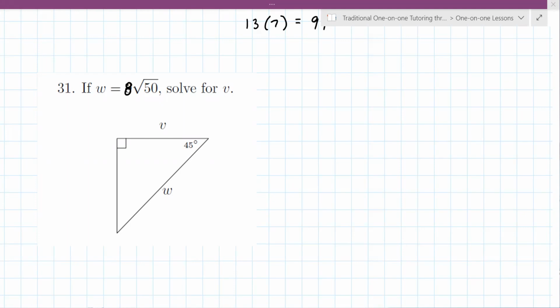For V, I got 40. Yes, V is 40. And what would the other leg be?